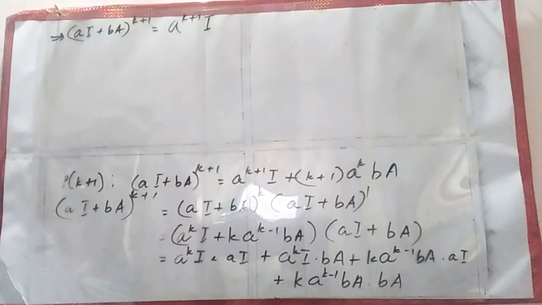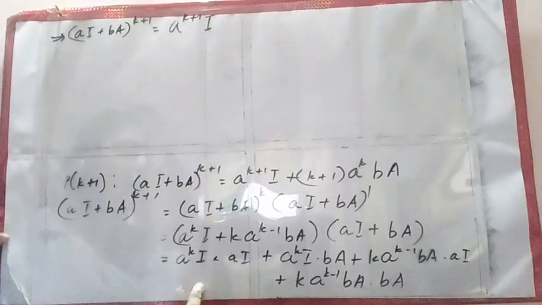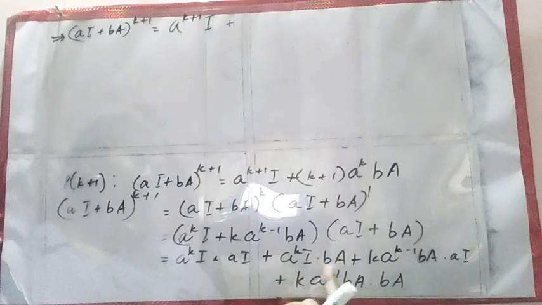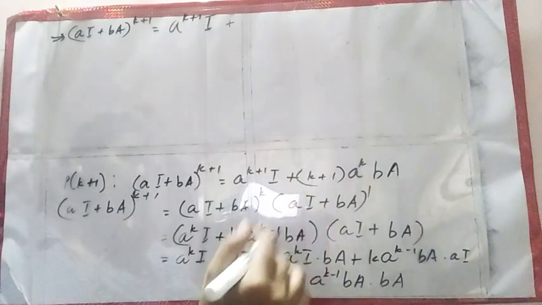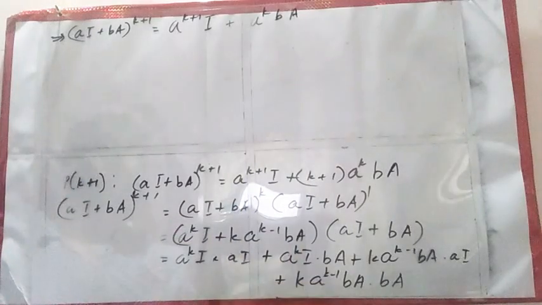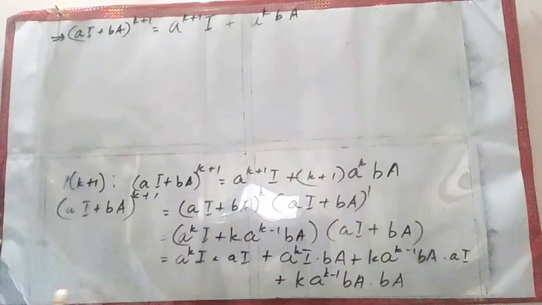The power of a increases by 1, and for the identity matrix we get a raised to k plus 1 into I. So the next one, the second term, is plus a raised to k I into B A. That becomes a raised to k into b, and I into A becomes A. So this term becomes a raised to k into b into matrix A, plus we have this term as k a raised to k minus 1 B A into A I.